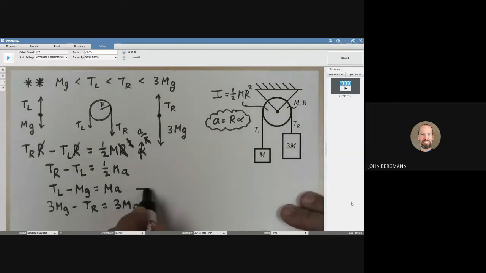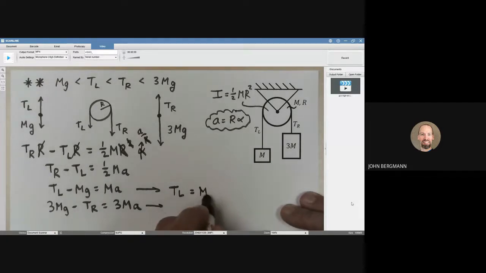So here's what I'm going to do. I'm going to solve this one for TL. TL is equal to ma plus mg. TR is equal to 3mg minus 3ma.